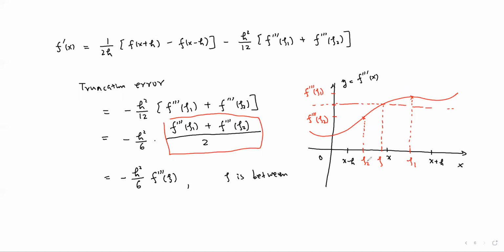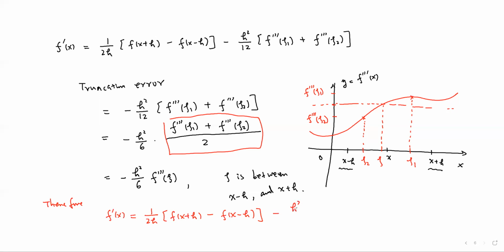But psi 1 and psi 2 are between x minus h and x plus h, so psi is between x minus h and x plus h. Therefore, the first derivative is equal to 1 over 2h times f, minus the error.